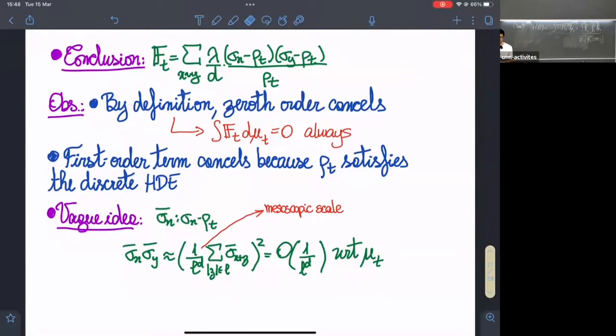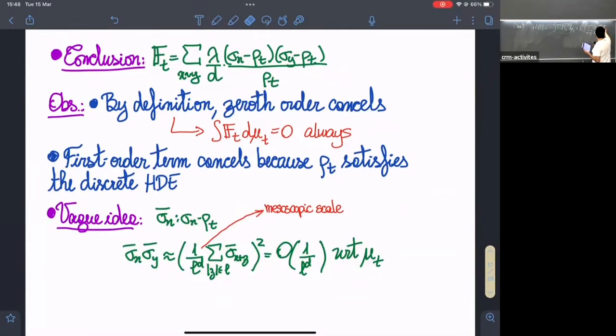very soft, in the sense that I made computations, but nothing really substantial. So right now here I have the expectation of the sum over x and y of lambda over d.